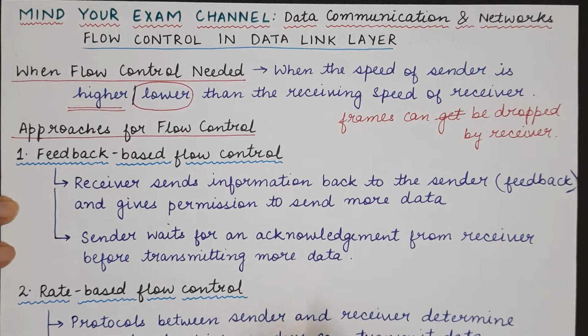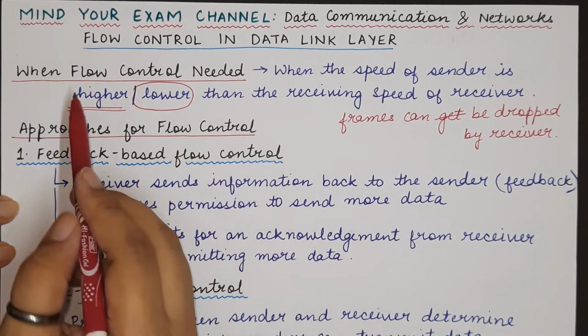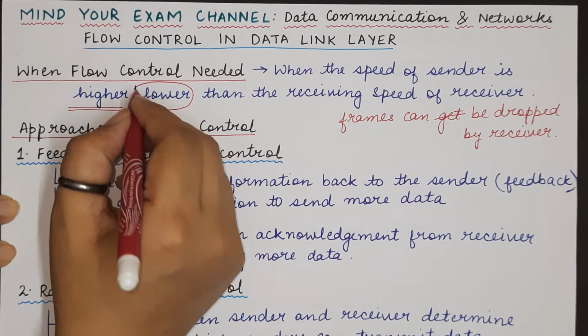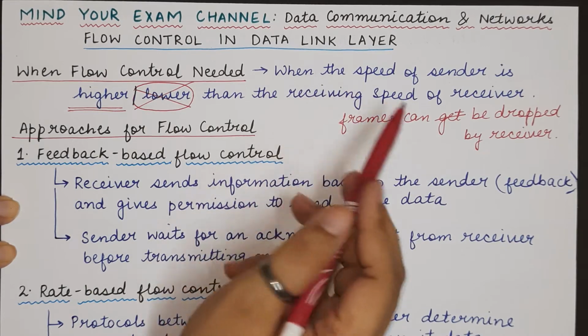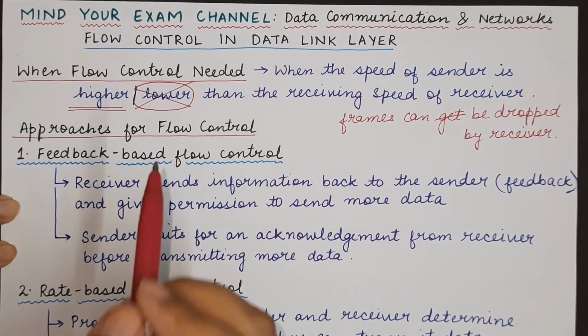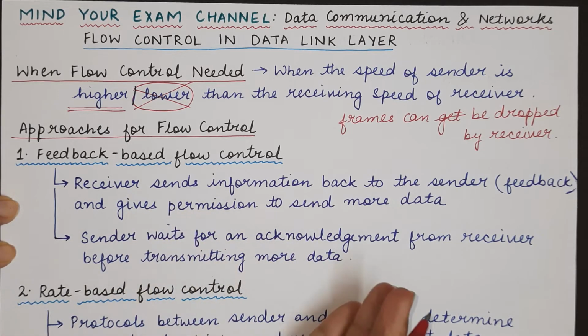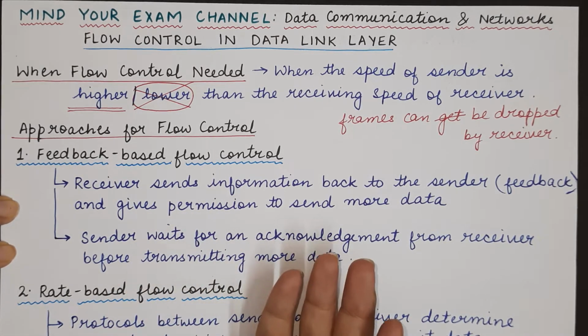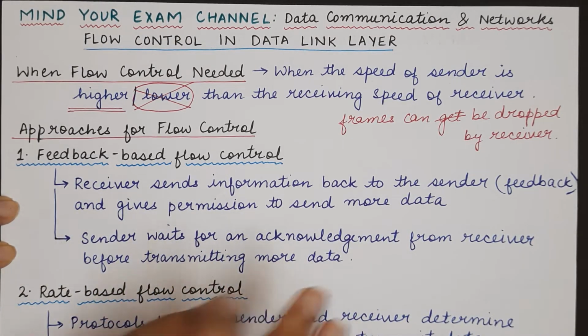Now one important point you must remember is that flow control will not be required if the sending speed is lower than the receiving speed, because when the sender is sending slowly and the receiver is capable of receiving at a faster pace, the receiver will not drop any frames.